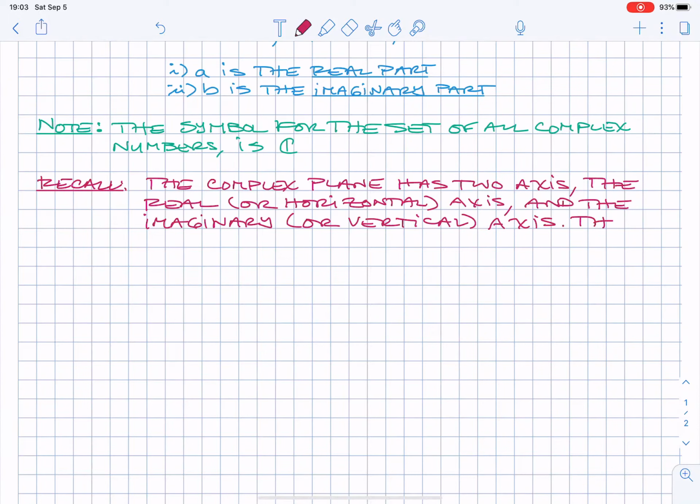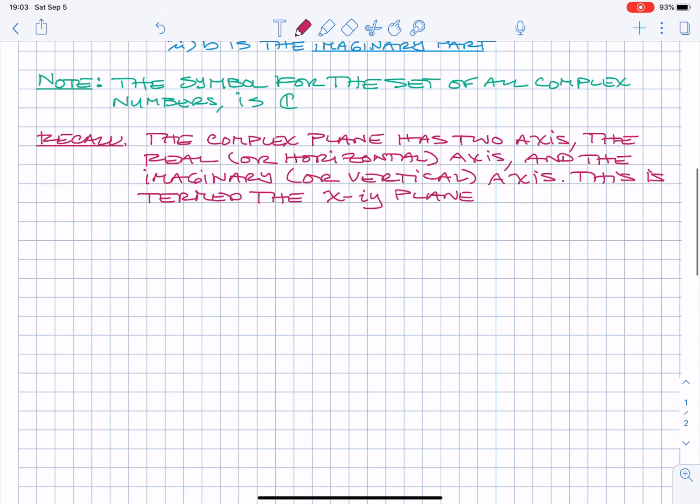This is termed the x-iy plane. So instead of the xy plane, it is now the x-iy plane, because now the vertical axis is for the imaginary.